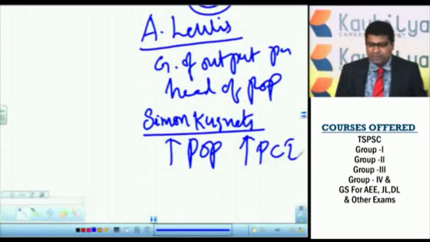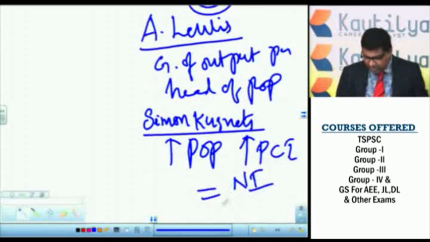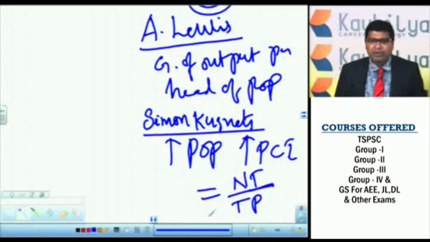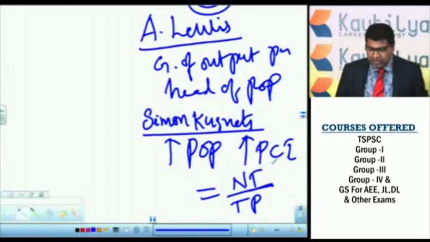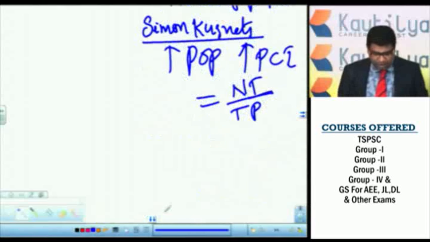Per capita income is national income divided by total population. So increasing population accompanied by increasing per capita income is considered economic growth according to Simon Kuznets, the Nobel Prize winner. According to Arthur Lewis, it means growth of output per head of population, meaning average output of the people.